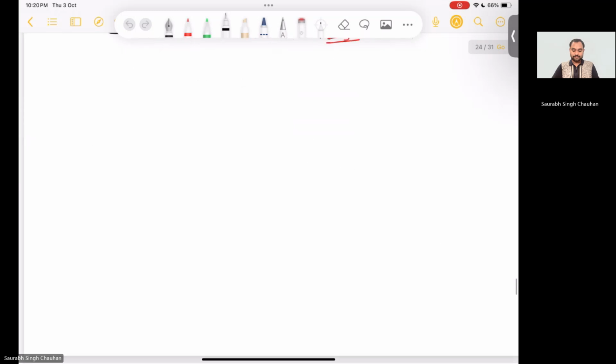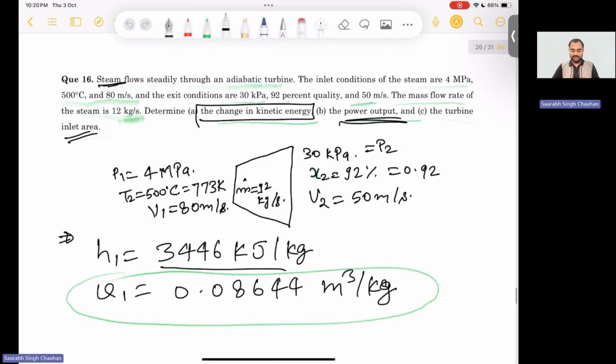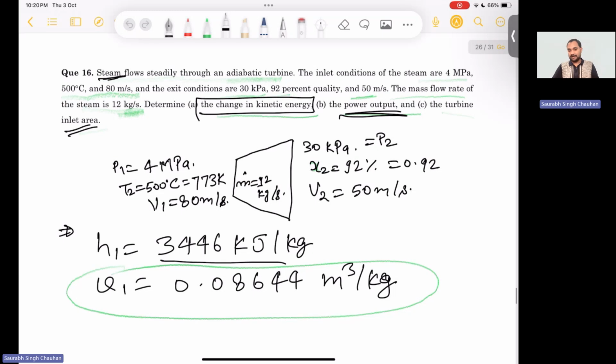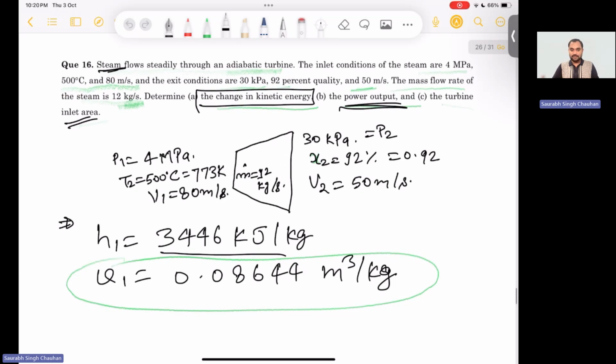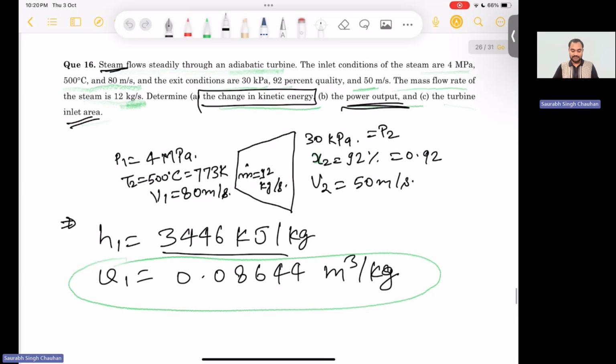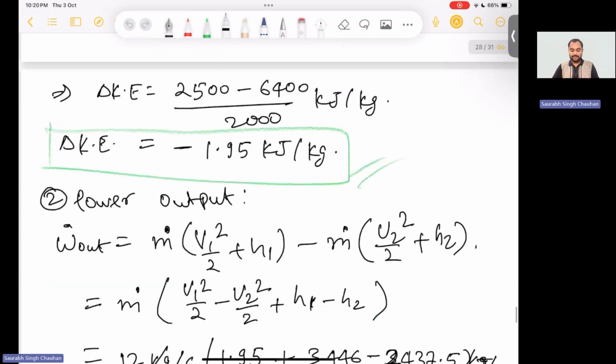Okay, similarly we did a similar question for the turbine. The condition at inlet and outlet was given, so using the steam table, using the properties of steam, you can find whatever is required.